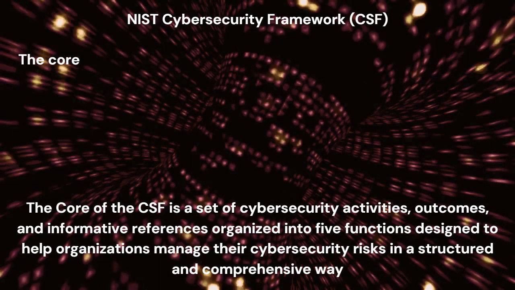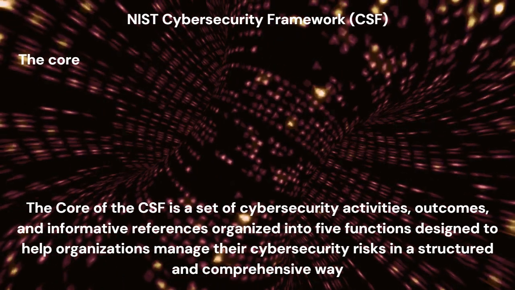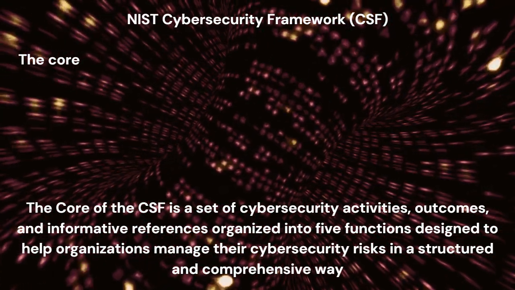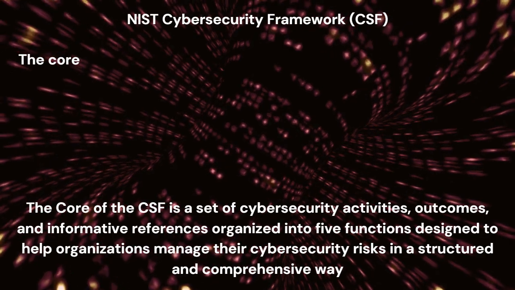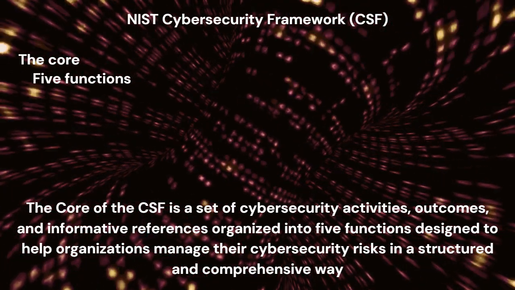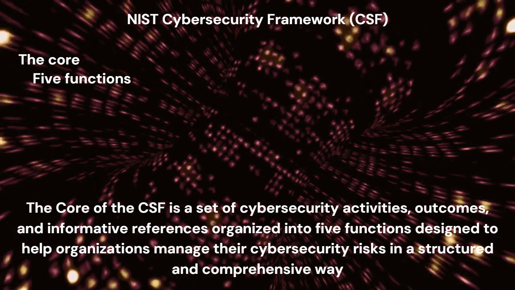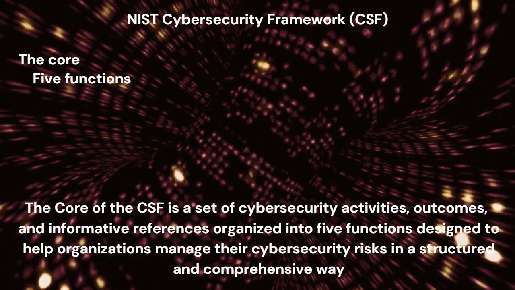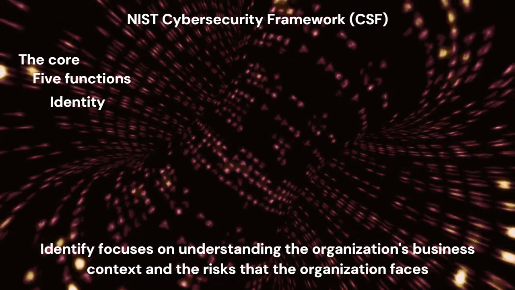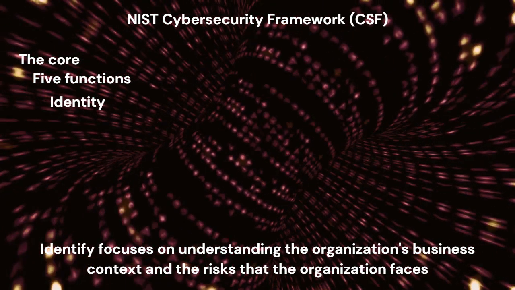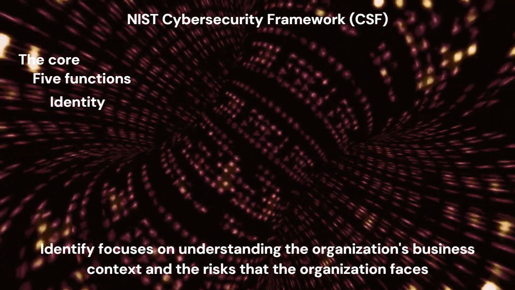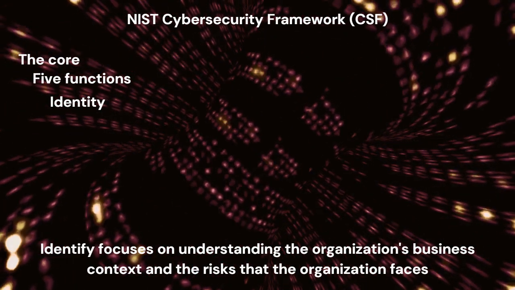The core of the CSF is a set of cybersecurity activities, outcomes, and informative references organized into 5 functions designed to help organizations manage their cybersecurity risks in a structured and comprehensive way. Identify focuses on understanding the organization's business context and the risks that the organization faces.